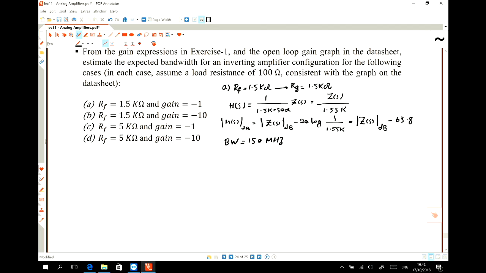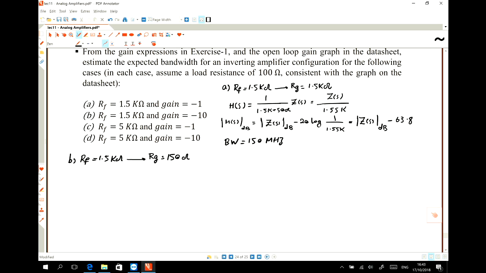For part B, the same thing. We put RF equal to 1.5k, and then the gain is -10, then RG equals 150 ohm.